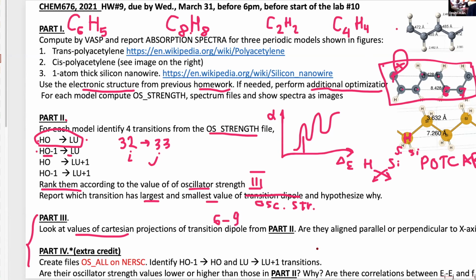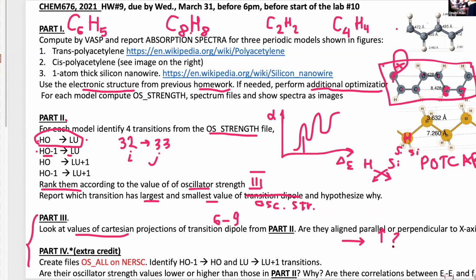And there you may tell whether the transition dipole is aligned parallel to the growth of this periodic material or perpendicular. It is an interesting observation, and if you will ever write research papers on periodic materials, it is something that the community would appreciate your observation on. So like parallel or perpendicular.